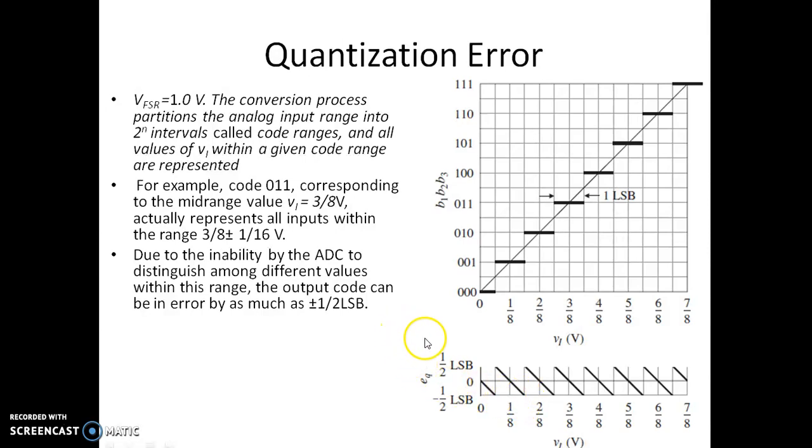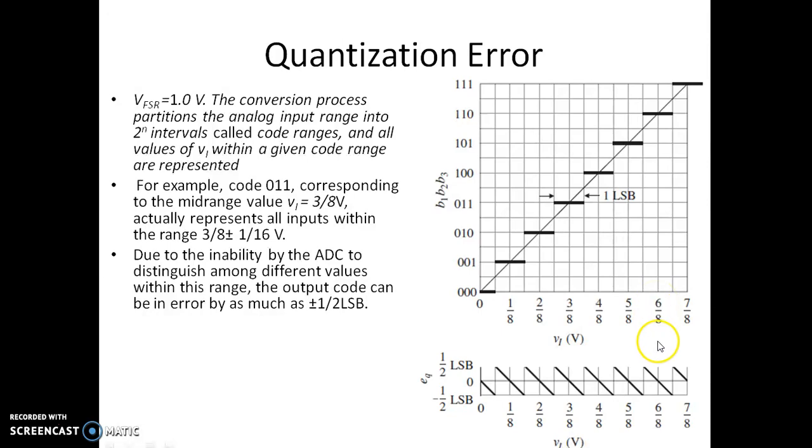Meaning to say, if the input is exactly 1 by 8, the amount of error is 0. If it is 1 by 8 plus 1 by 16, the error is minus half LSB. If it is 1 by 8 minus 1 by 16, then the error is plus half LSB. You can take this for any case. Take the case of 6 by 8.